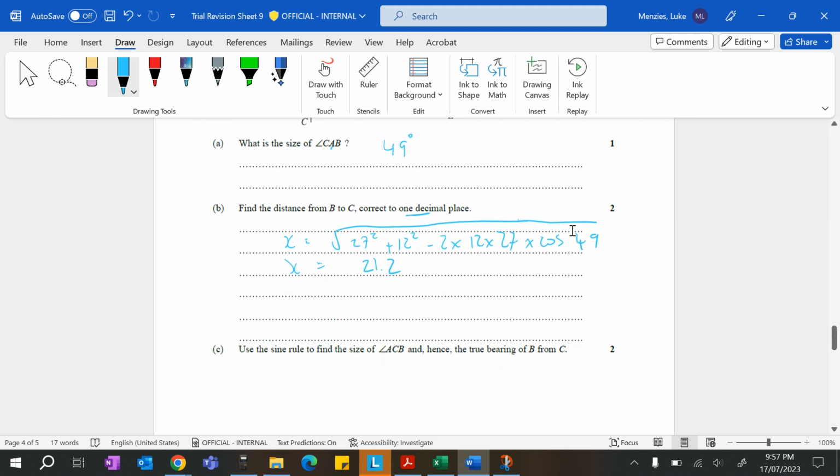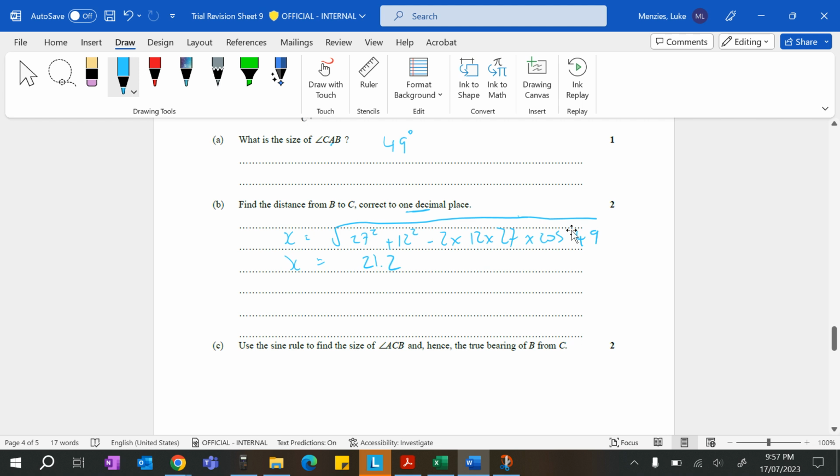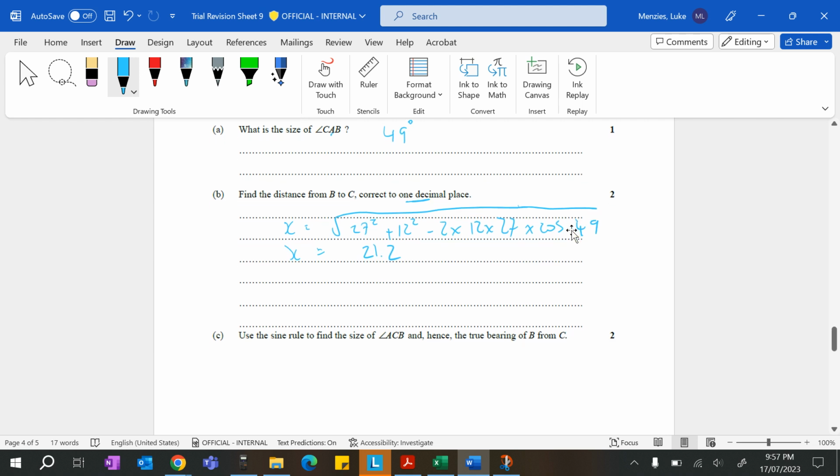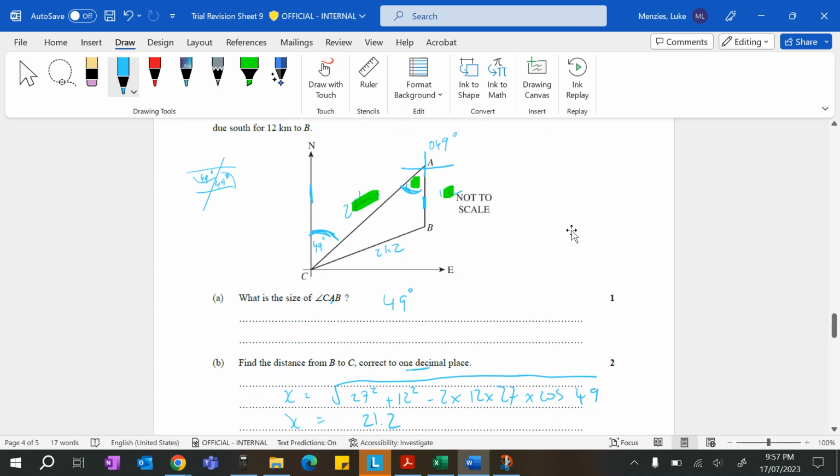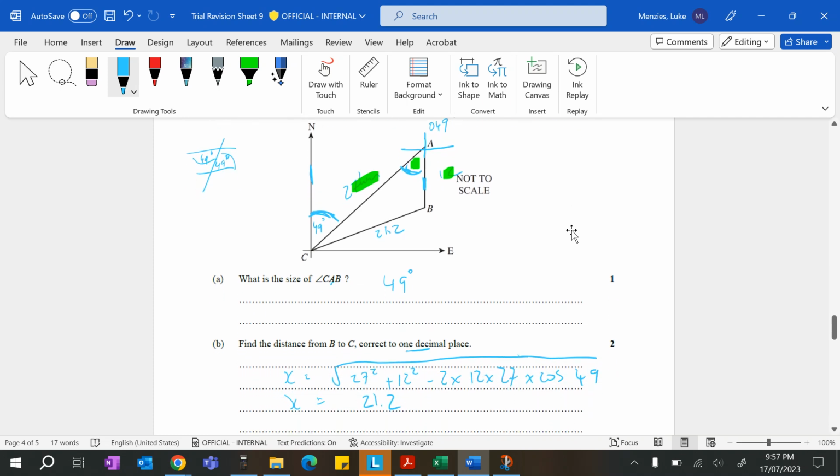Now, use the sine rule to find the size and hence the true bearing of B from C. So what is the true bearing of B? We want to know how far it is around from here all the way around to B, and I'll probably do it in a different color.